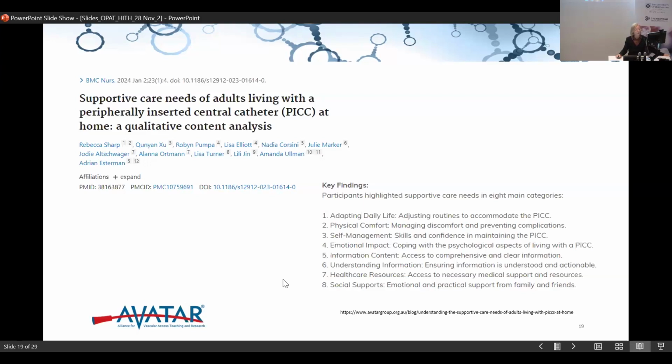It's one of the groups that Professor Claire Rickard leads, and there's a whole host of people involved in that, closely linked here with HeIDI. They've got a great site, and we do lots of education and research in the vascular access space.